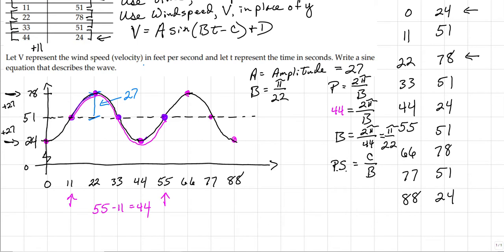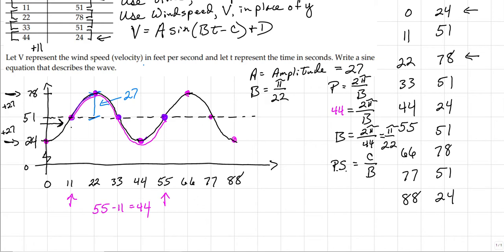We're trying to find C, so that means I need to use the phase shift. And so to use the phase shift, that means I have to understand how this thing has shifted either left or right.